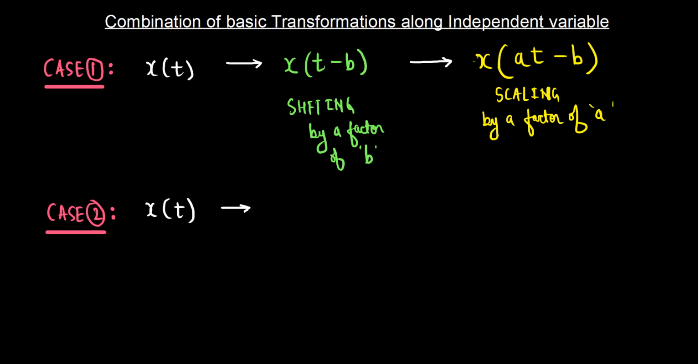As we are scaling the signal along the independent variable, we need to change the parameter inside the parenthesis. So the resultant signal, the expression, would be x of At. What we have done here is scaling by a factor of A.